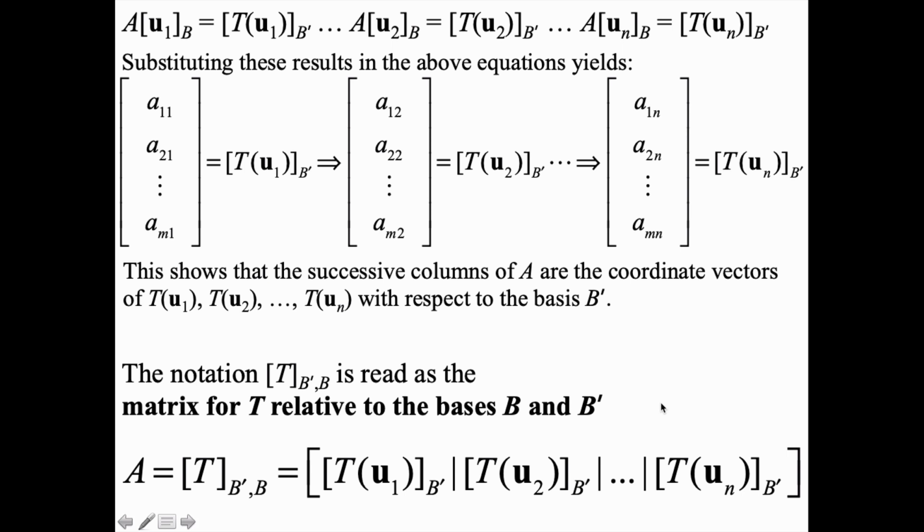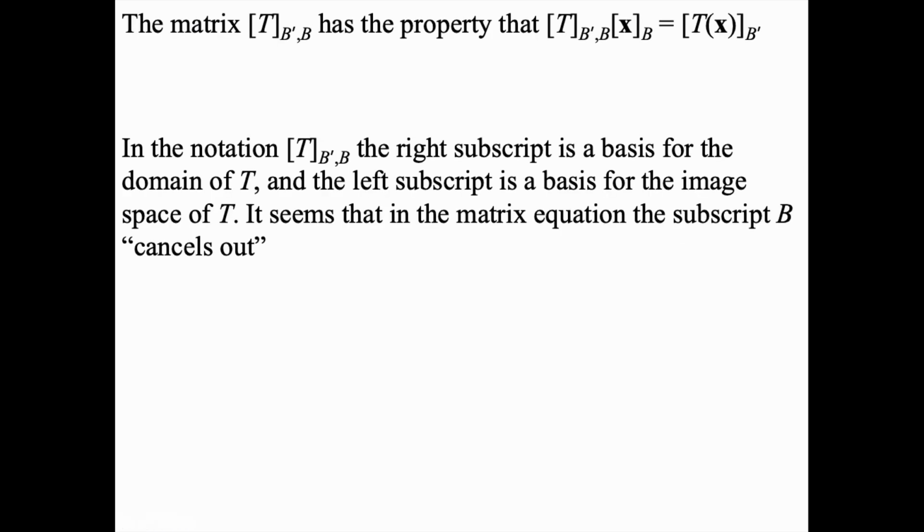And I find the best way to get your mind around this is to take a concrete example. So this matrix has the property that instead of having A here anymore, we're going to have this transformation matrix T relative to the bases B and B prime operating on a vector X expressed relative to basis B, and that's going to give us the coordinate vector for the transformation of X relative to B prime.